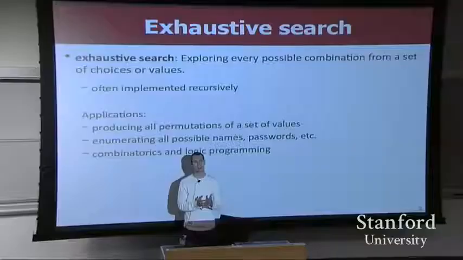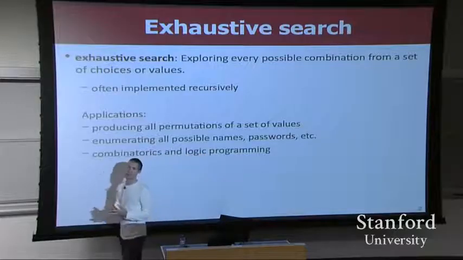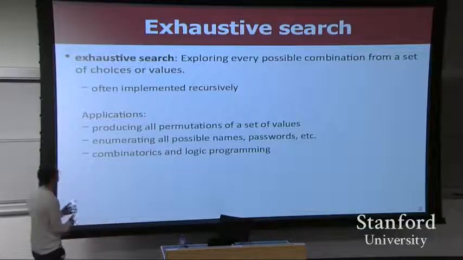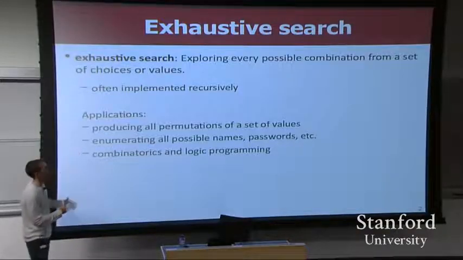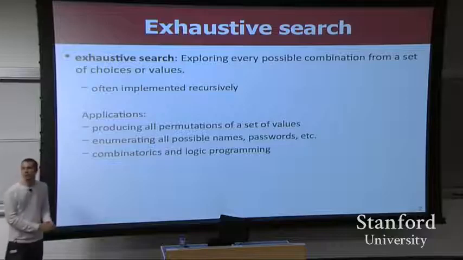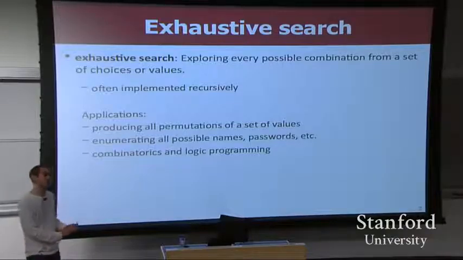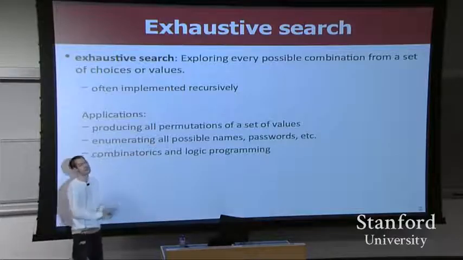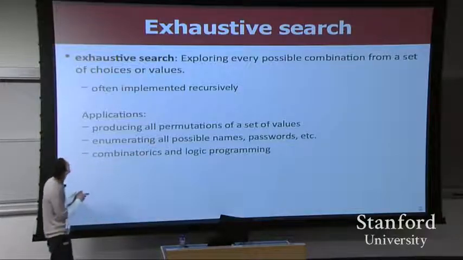It turns out that recursion is a really good algorithmic pattern for doing exhaustive searching, because recursion is really good at exploring down different paths using recursive calls. Here are some particular examples. If you wanted to write a program to crack passwords, this kind of stuff is useful for that. Of course, we would never do that because we're good guys and gals here. We're not bad people.